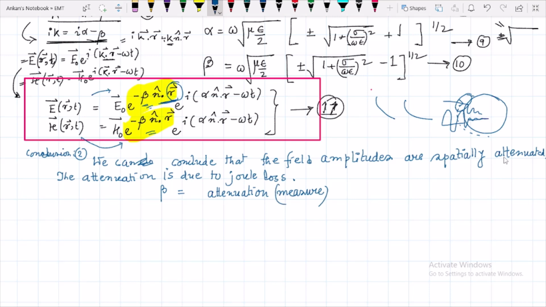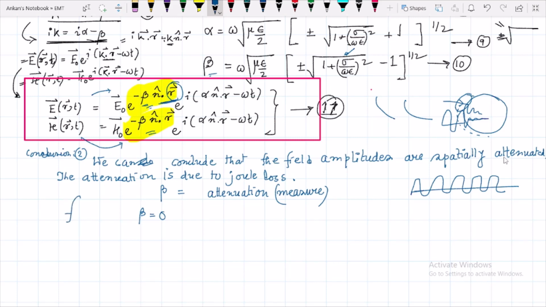For a non-conducting material, the beta term will simply vanish, as we have obtained already while discussing the dielectric medium and free space medium, in which the electric field is no further dissipated. But in the presence of conducting material, due to the presence of the sigma term, the beta factor is present, so the electric field and magnetic field are also dissipated while passing through the conducting medium.